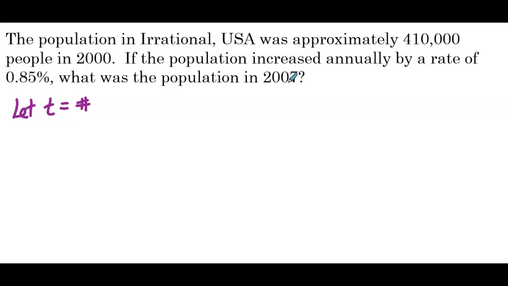Okay, so 2000 and 2007 are years, but we want 410,000 to be the initial population, which means I want to treat 2000 as year 0. So I can do that in my let statement. Let t be equal to the number of years since 2000. And if we define t in this way, well, 2000 is 0 years since 2000, which is perfect.